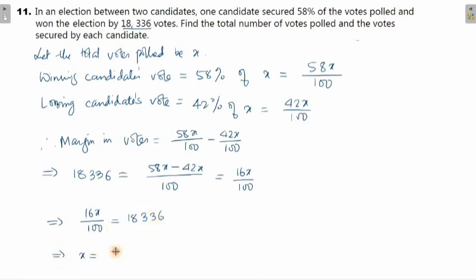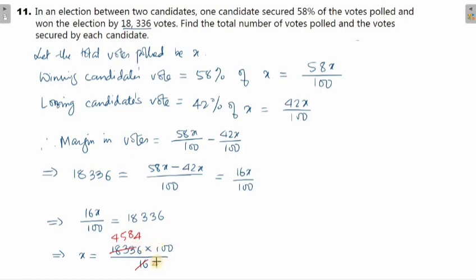So x is equal to 18336 into 100 divided by 16. Let's do the cancellation now. With 4, 4 4s are 16, 4 4s are 16, carried over 2 goes over there, 23, 4 5s are 20, carried over 3 goes over there, we have 33. 4 8s are 32, carried over 1, 16, 4 4s are 16.